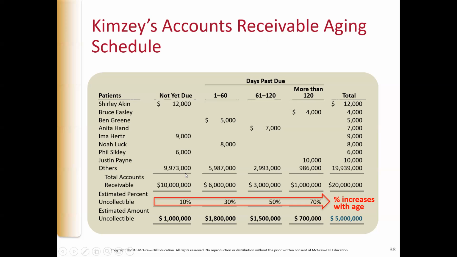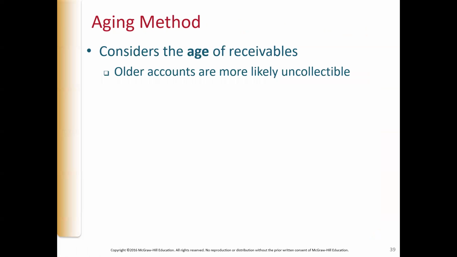So they take this schedule and they determine their amounts uncollectible based on the schedule, which probably is a lot more accurate than just taking a flat percent of receivables. So this is a method many companies will use to figure out what amount of their receivables will not be collected. Here are the receivables here. They multiply them times the percentages they've come up with to figure out what is going to be uncollectible.